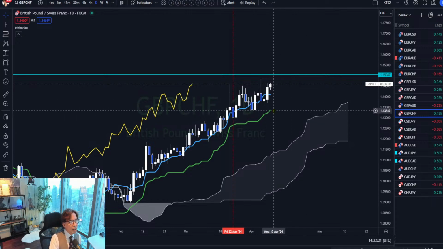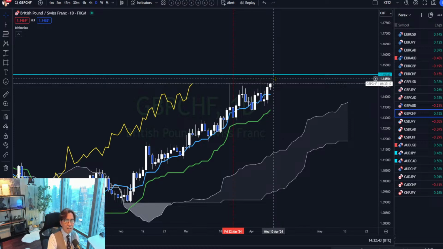So I think when the Kijun-sen becomes flat and Kumo becomes flat, the market retraces. And Kumo will be flat, Kijun-sen will be flat tomorrow until Friday, unless it breaks the new high.